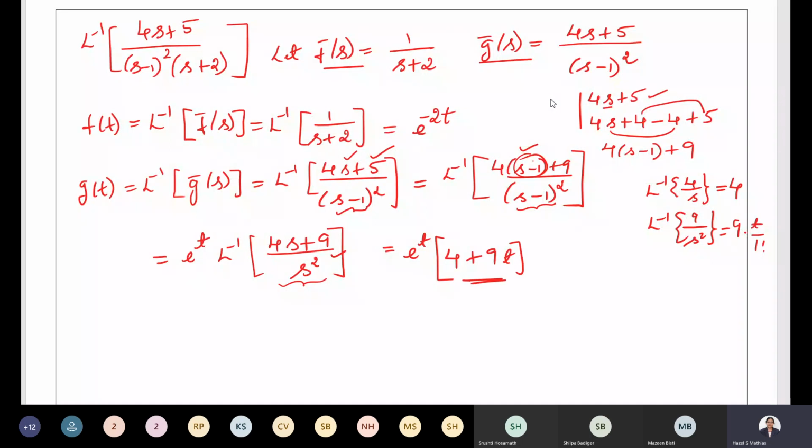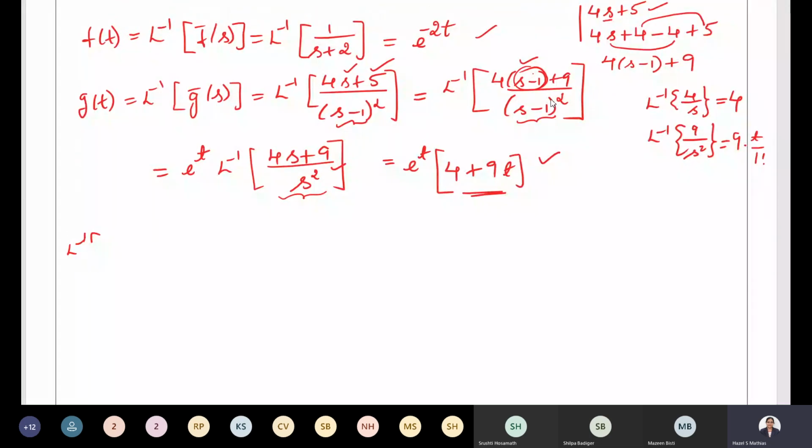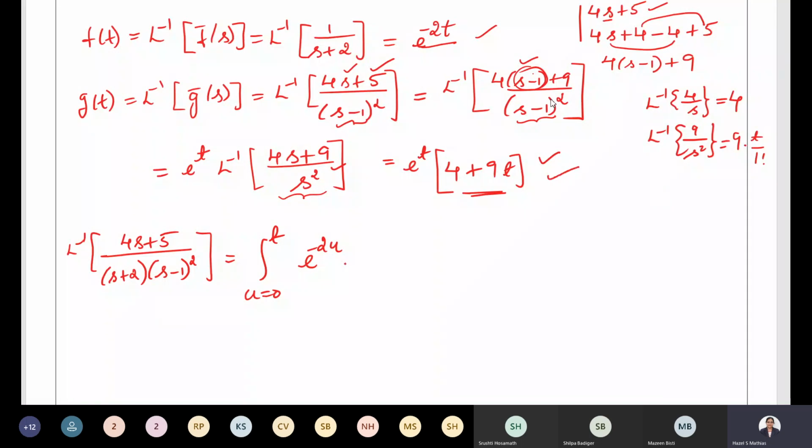So we have found f of t and g of t. Now apply the convolution theorem. After applying it, L inverse of (4s + 5) divided by (s + 2) into (s - 1) whole square is equal to the integral from u equal to 0 to t of f of u. f of t is e power minus 2t, so f of u will be e power minus 2u, into g of t replaced by g of (t - u), that is, replacing t by t minus u.